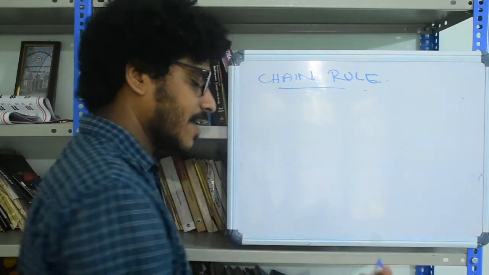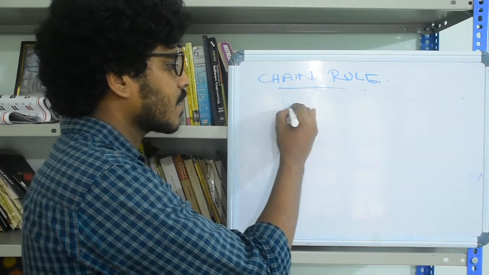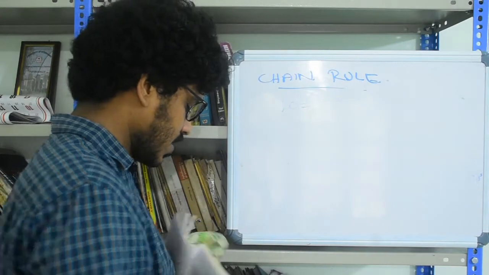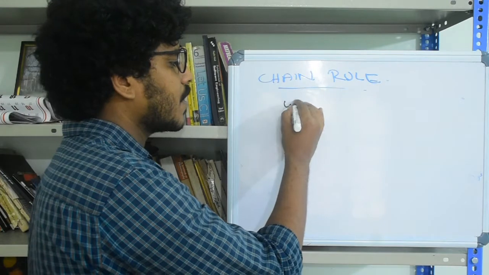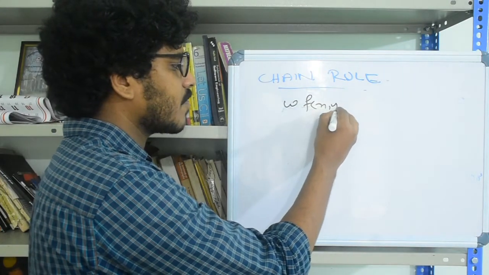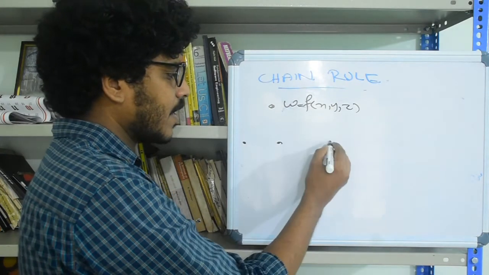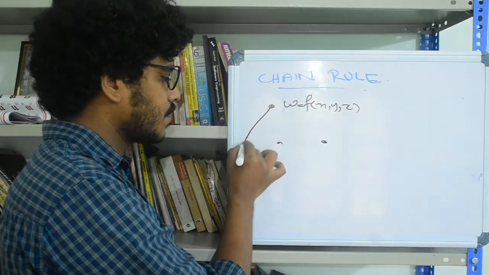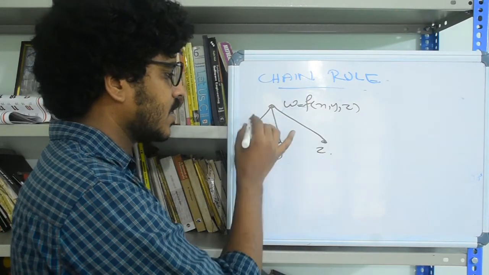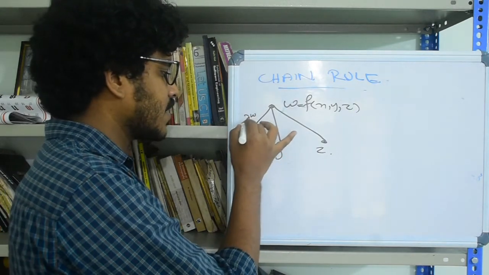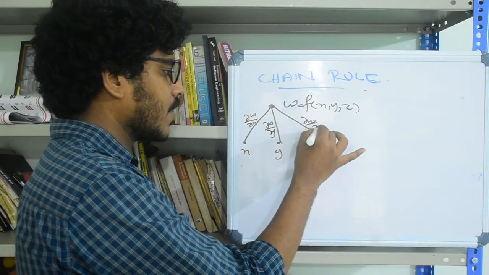Remember, we have two independent variables here. So first we have w equal to f of x, y, z, and there are three intermediate variables, x, y, z, connected using partial derivatives, dou w by dou x, dou w by dou y, and dou w by dou z.